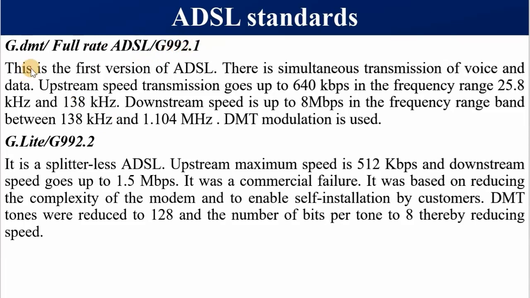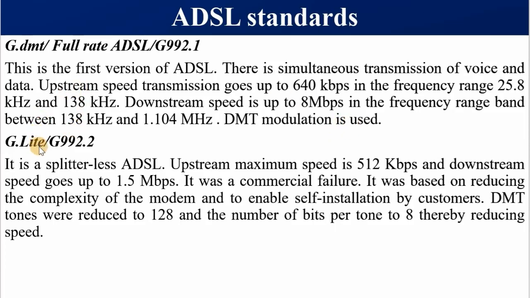And we are saying this is the first version of asymmetric digital subscriber line, and there is simultaneous transmission of voice and data, and the upstream speed 640 kilobits per second, and its range is from 25.8 kilohertz to 135 kilohertz for the upstream, whereas for the downstream the speed is 8 megabits per second, and the frequency range from 138 kilohertz to 1.104 megahertz, and it uses a discrete multi-tone modulation standard.